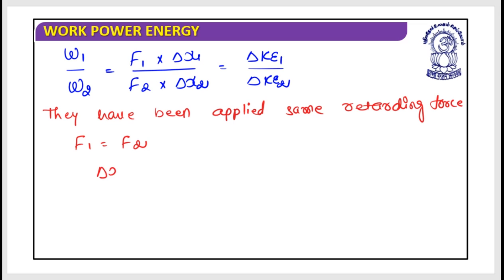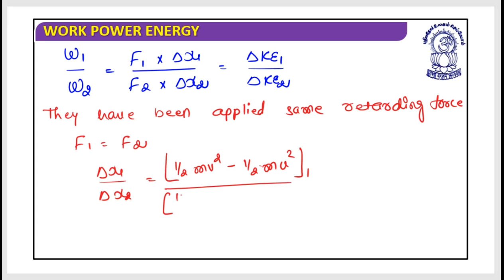So delta x1, the stopping distance of the first, divided by the stopping distance of the second, is equal to delta KE1, which is half mv squared minus half mu squared, true for the first object, divided by delta KE2, half mv squared minus half mu squared, true for the second object. These are the stopping distances, of the car and of the truck.